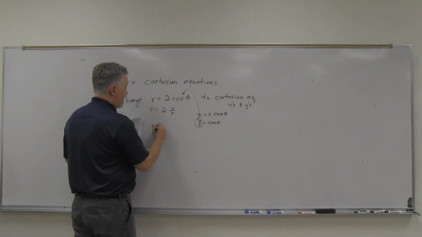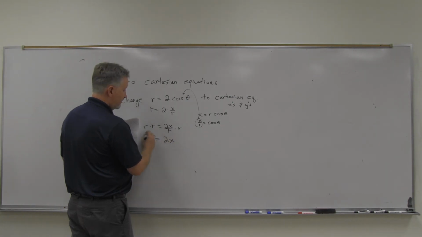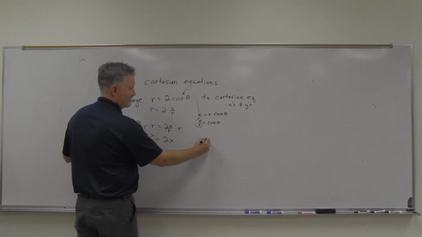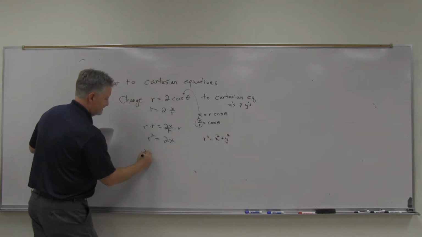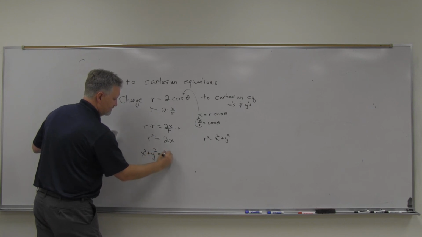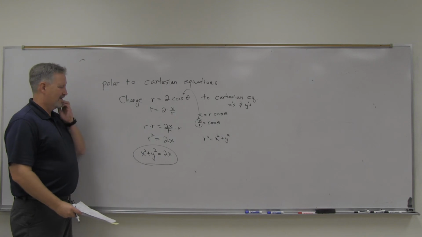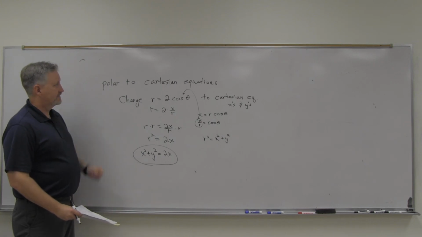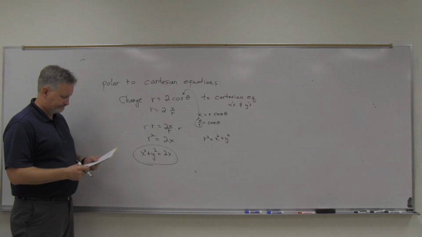Now if I multiply by r on both sides, that gets me r squared equals 2x. What do you know about r squared? x squared plus y squared. r squared equals x squared plus y squared. Aha. There's a Cartesian equation. And I believe that is a circle. That's what that turned out to be.